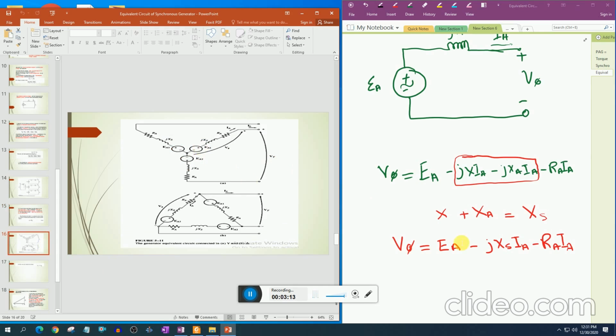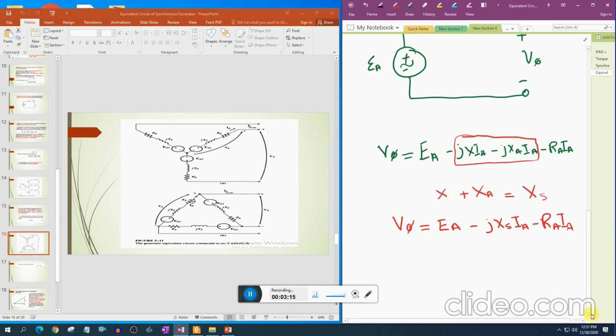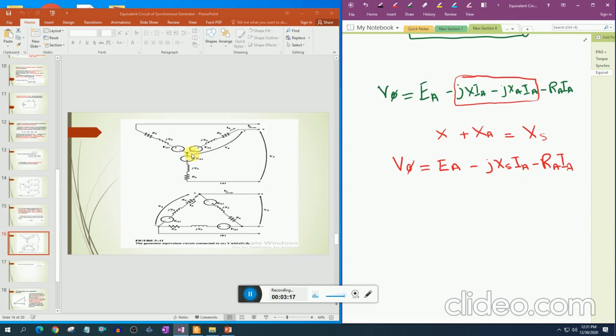Now, as we already studied in the transformer, these three phases of the generator can be connected in a star connection or in a delta connection. If connected in a star connection, then you can see from the figure that V terminal is greater than V phase.